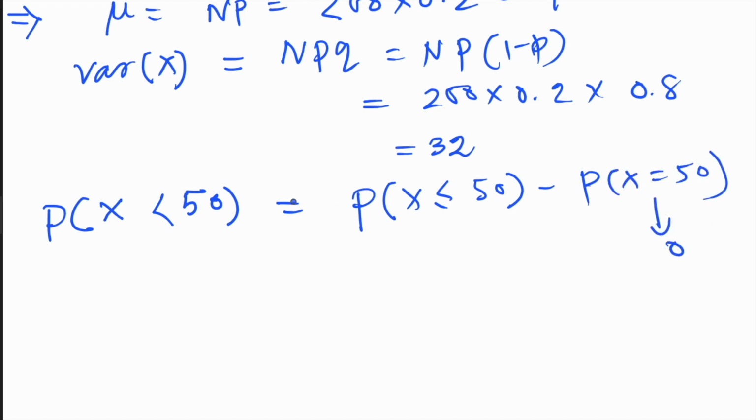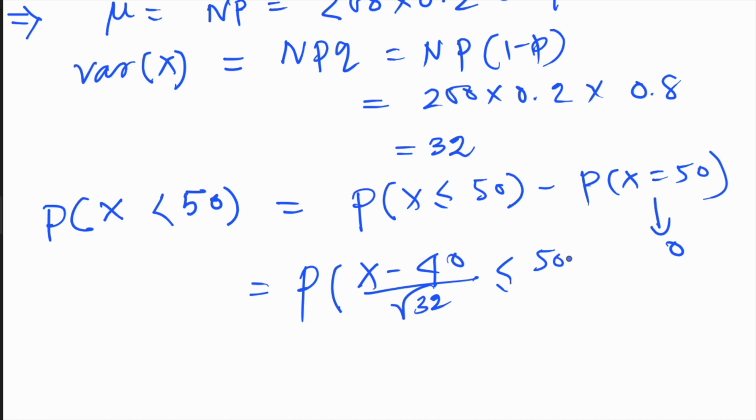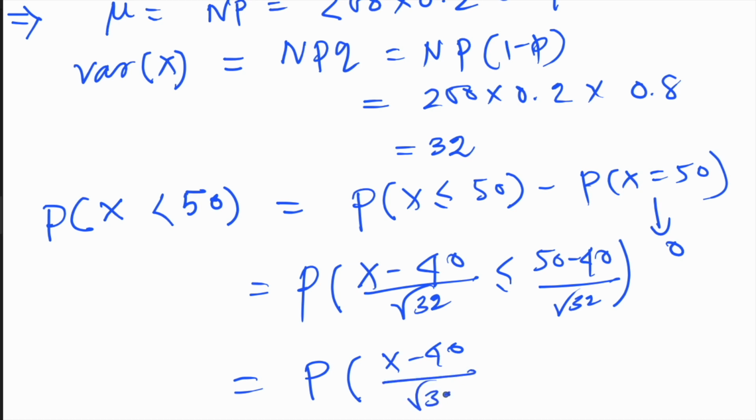This is 0, and we can convert it to the standard normal distribution. So this will be the probability of x minus 40 by root 32 less than 50 minus 40 by root 32, that is less than or equal to 10 by root 32.